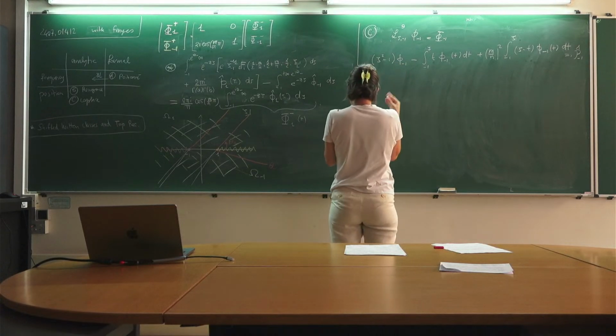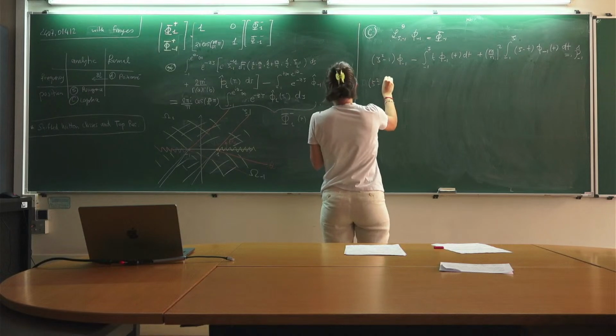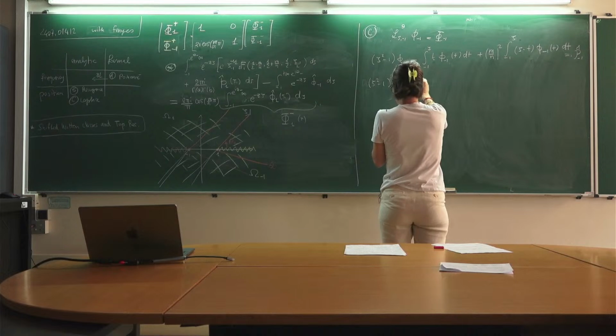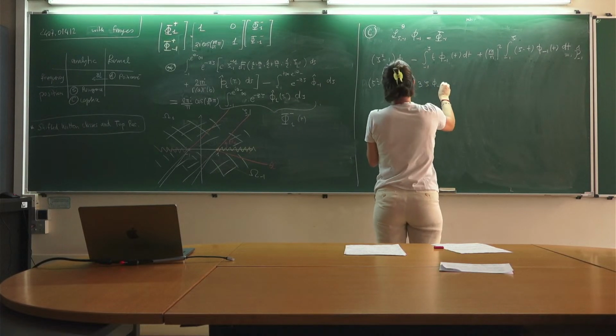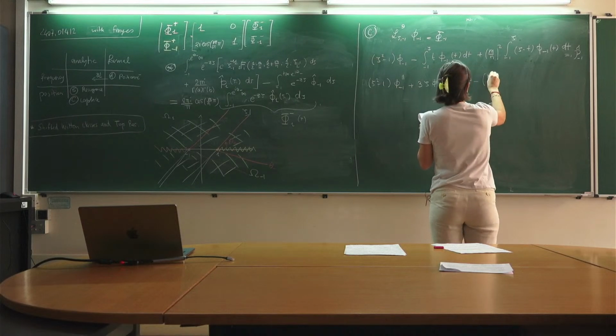So if you take the derivative twice, what you get is the following equation. Second derivative plus 3 zeta phi minus 1 prime, phi minus 1.